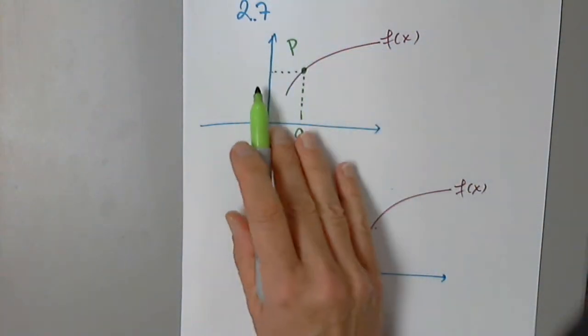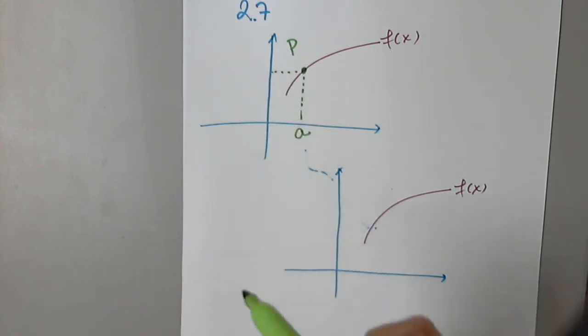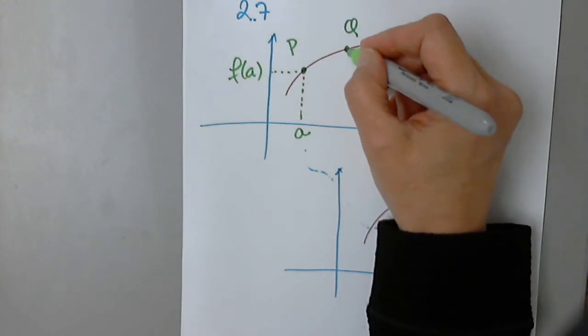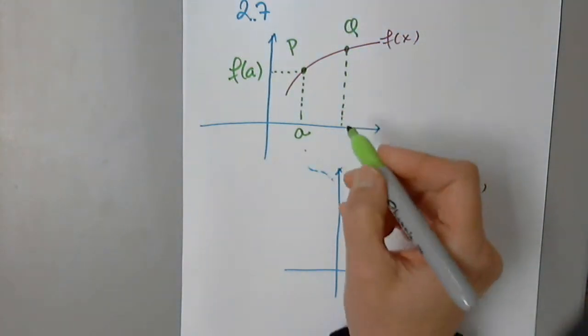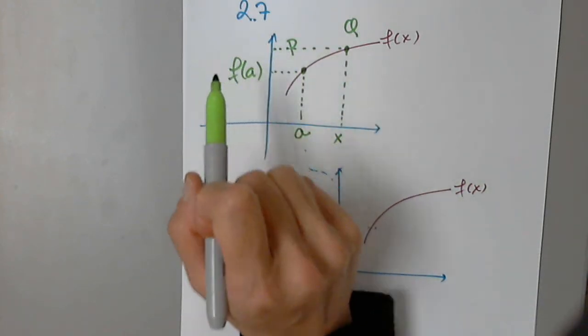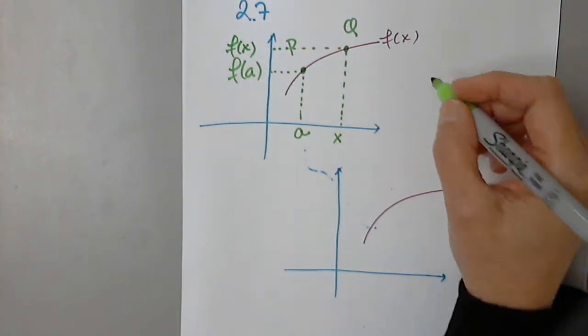What is the height here? Perfect. And now this is the generic point, x. And what is this? Please give me the slope of the secant line.